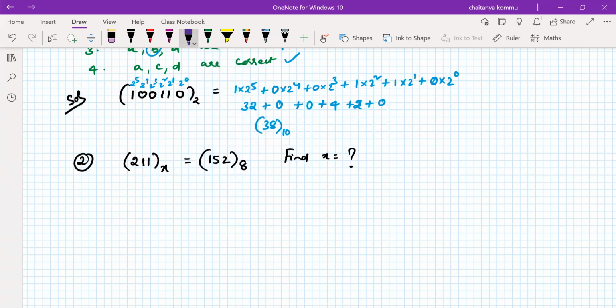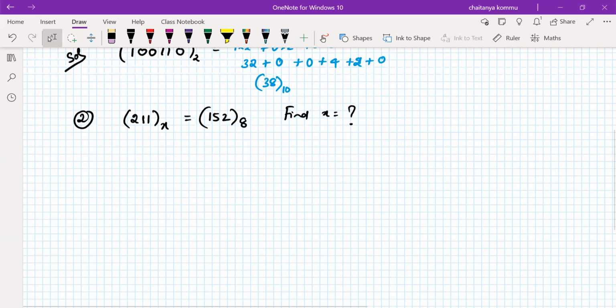How do we get this one? How do you perform this? The options they have given here: the first option is 6, the second option is 5, the third option is 7, and option D is 9.